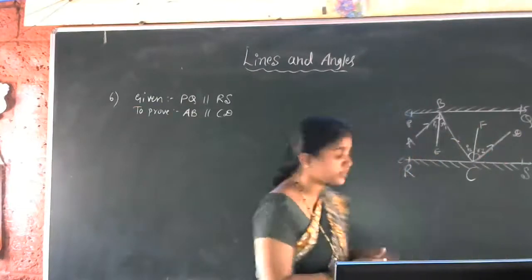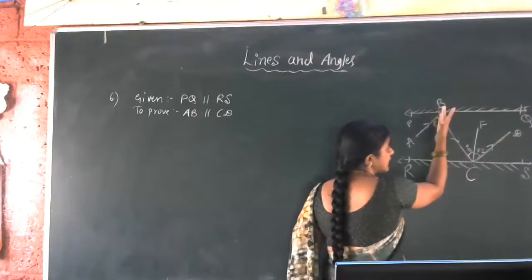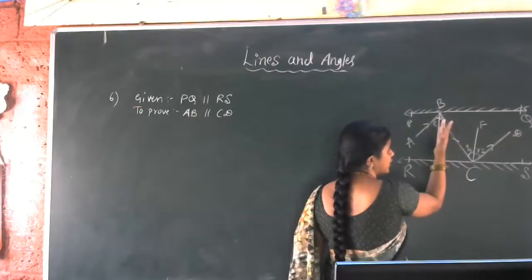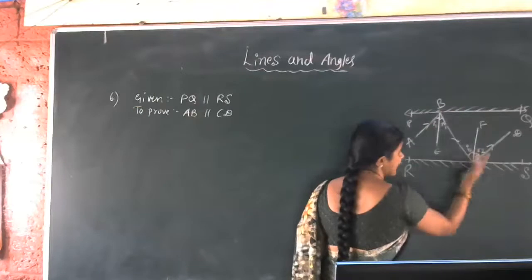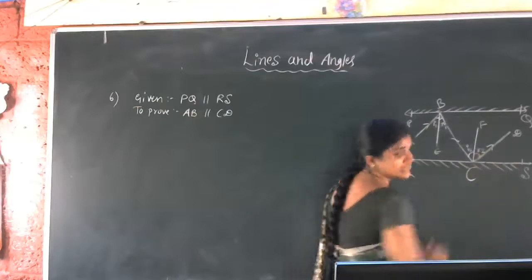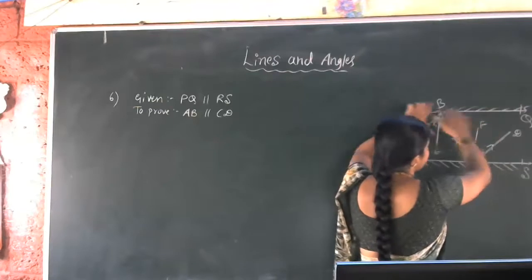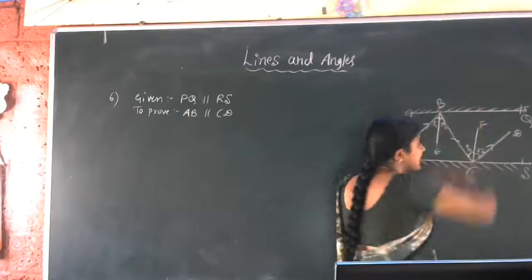Is that clear, students? So for that, what we took is this line which separates the angle of incidence and angle of reflection. This line is perpendicular to this PQ mirror and this line is perpendicular to this RS mirror. Can you give the condition for this BE line and CF line?